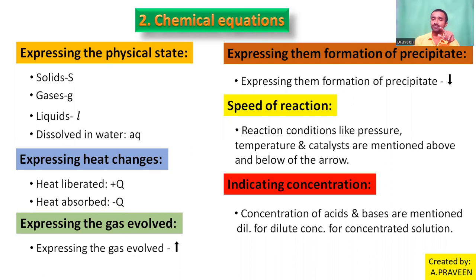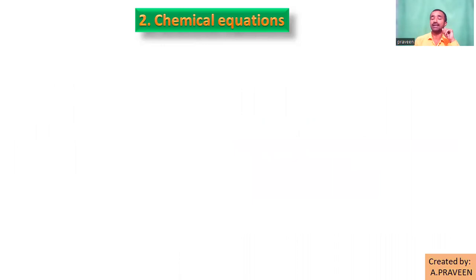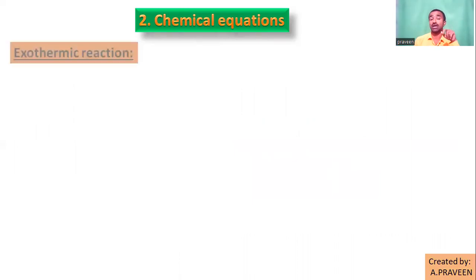So liberation and absorption. Based on the heat changes, we have two types of chemical reactions: exothermic reaction and endothermic reaction.